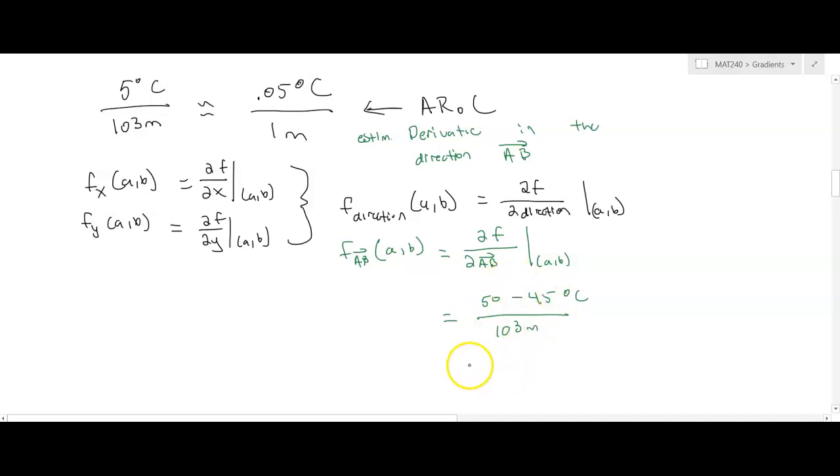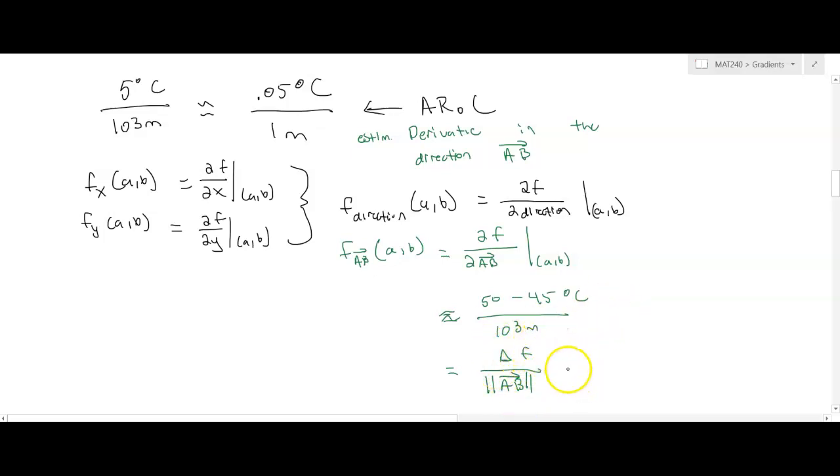Now, to make this more general, we could say that this was the change in f divided by, we should have said approximately here because we're approximating this, 103 meters, which was really the magnitude of the vector AB. So we're just creating a more mathematical definition here.